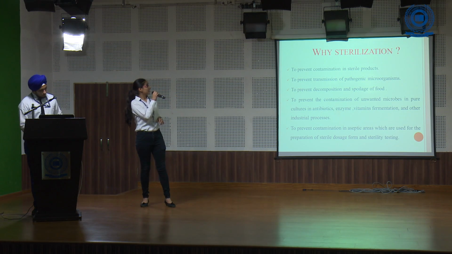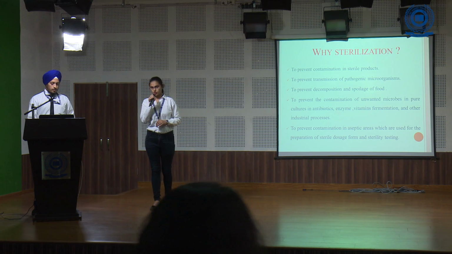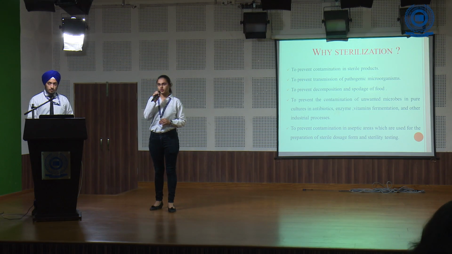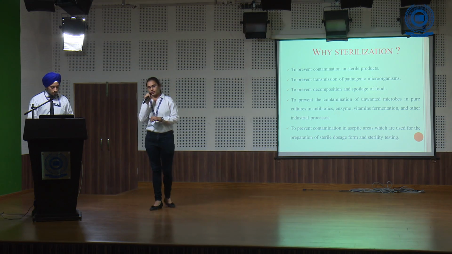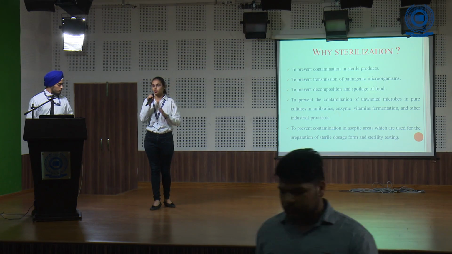Next is why sterilization. Being a part of the pharmaceutical industry, we basically deal with dosage forms, and one of the most important is the preparation of sterile dosage forms.